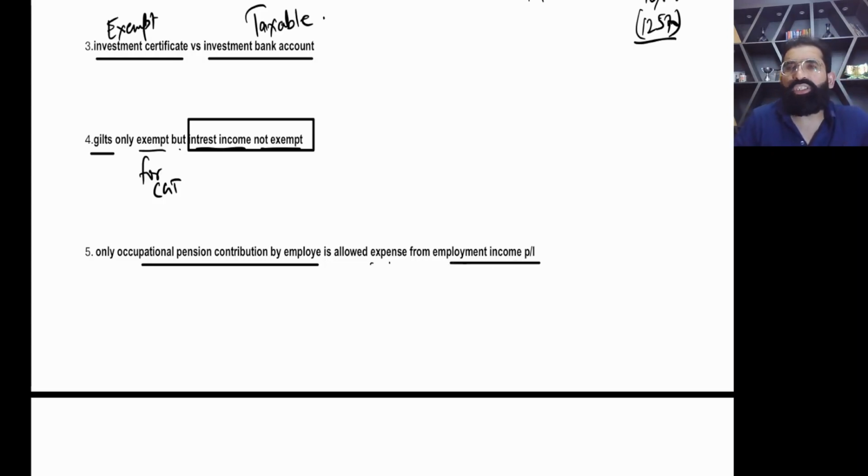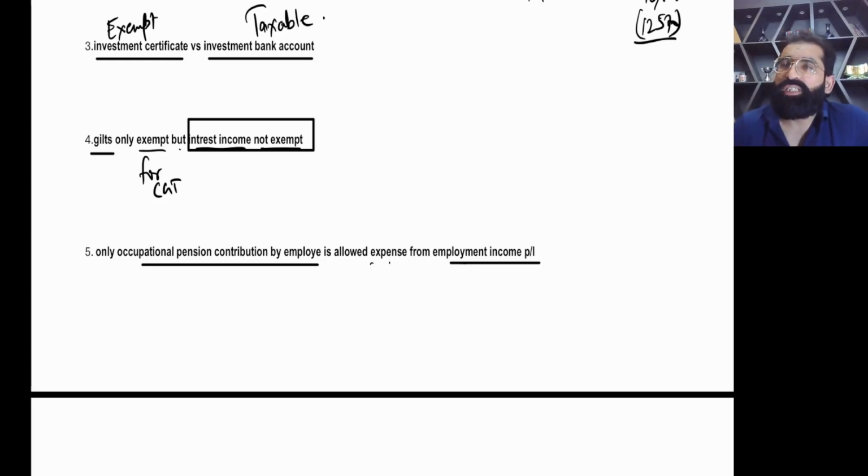Yes, the pension contribution which is allowed, although we all agree that normally we get relief on pension. But personal pension relief is different, and occupational pension relief is different.